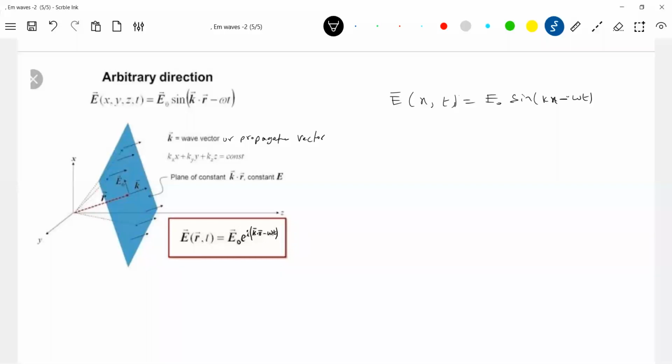If the EM wave propagates in different mediums, the first one is free space. For free space, what will happen? Conductivity will be 0. Epsilon will become epsilon naught and mu will become mu naught.